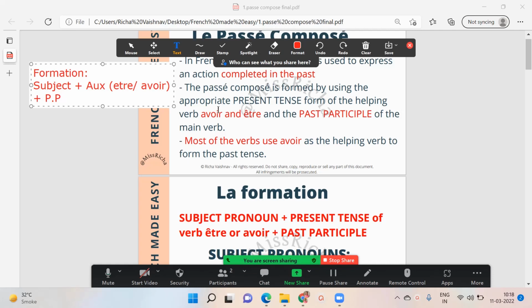So we have to take the present tense conjugation of either of these two verbs, plus we have to add the past participle of the main verb. All right, I will show you all how past participle also is made.